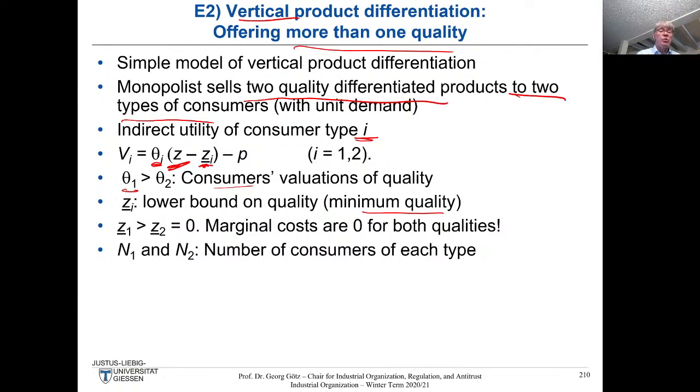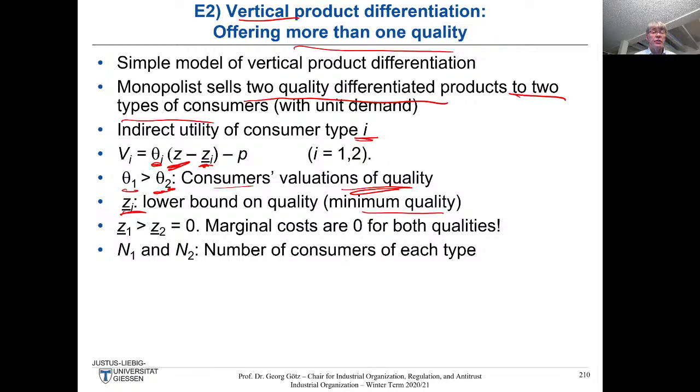So you probably wouldn't be satisfied with a Fiat 500. And of course that will be different, because the poor guy will have both a lower valuation of quality, but also a lower bound on quality. It might even be zero as long as it's a car that is working. It might be rather a base level.